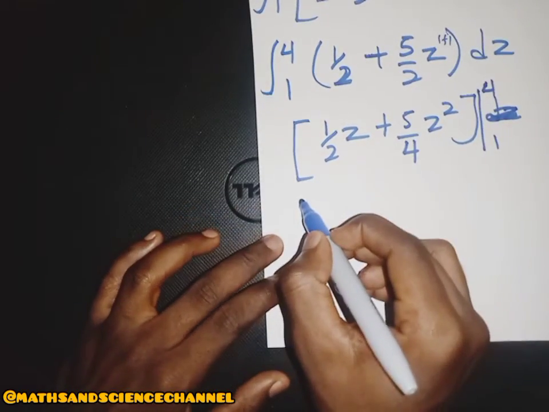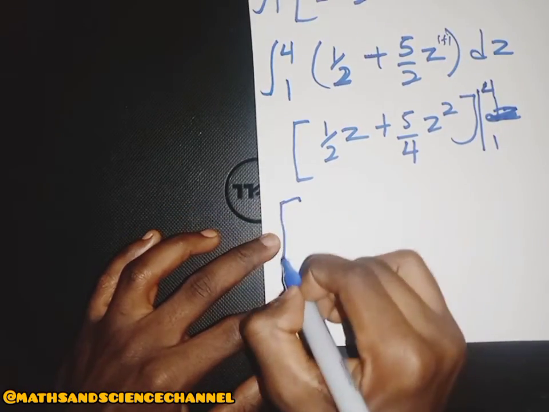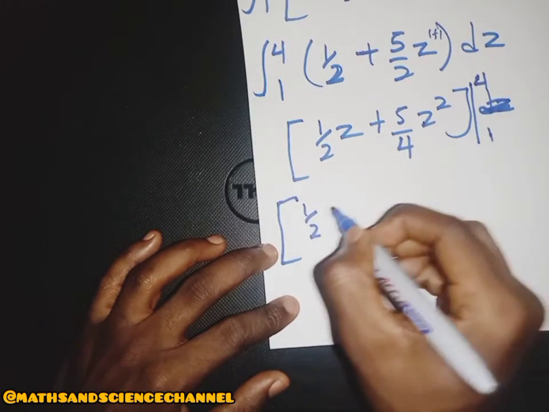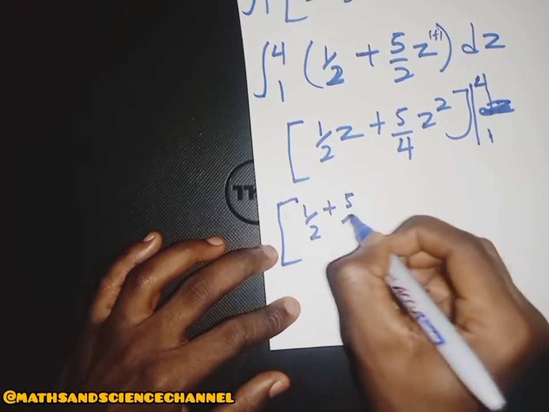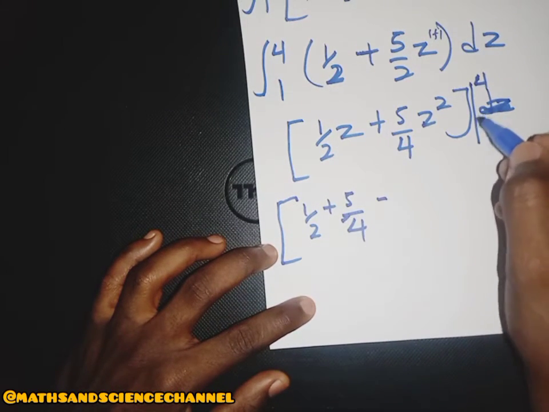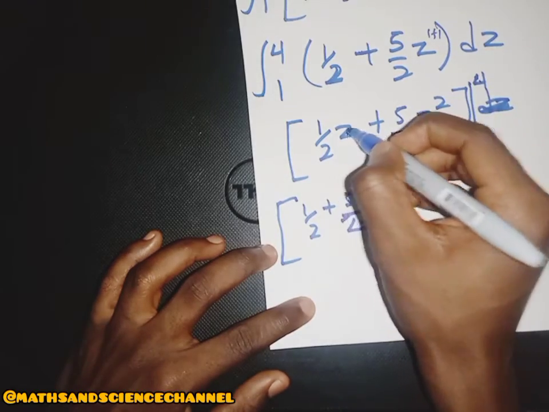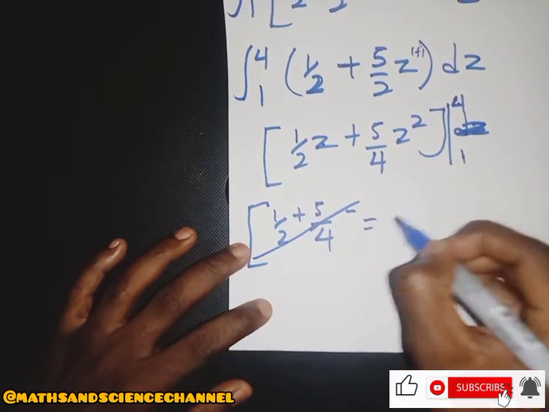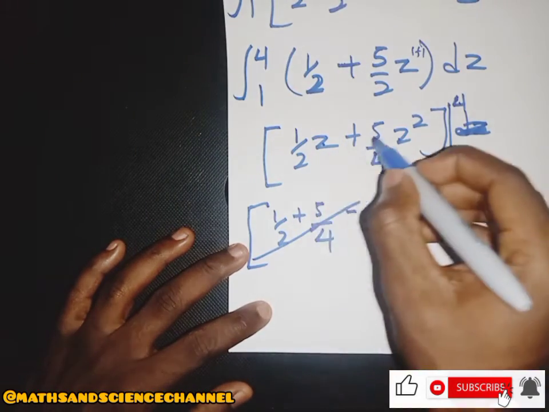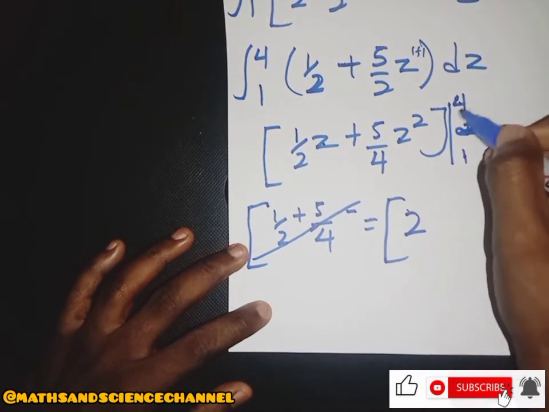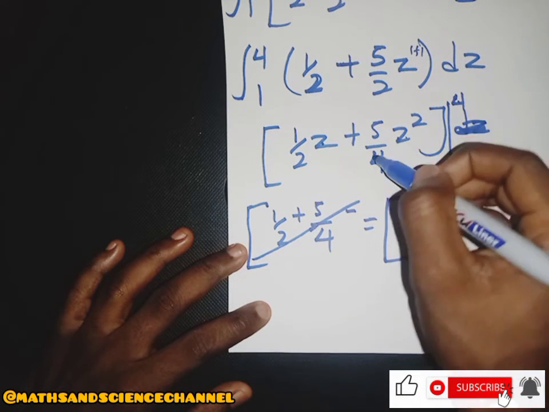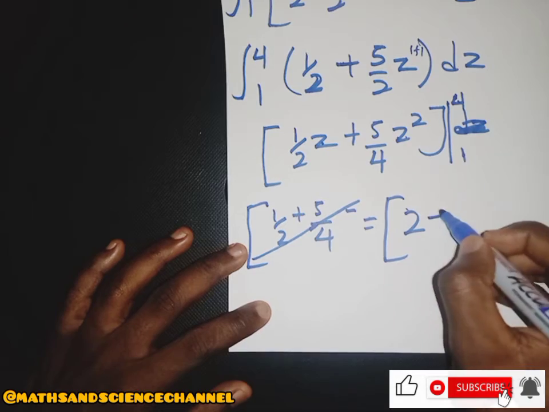Substituting that, we put in 4 first. So 4 divided by 2 is just 2, and then 5 over 4 times 16, the 4 cancels one of the 4s and we are left with 20.